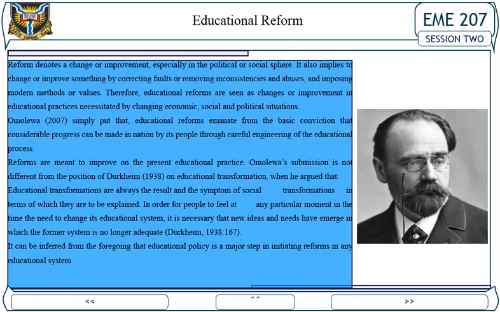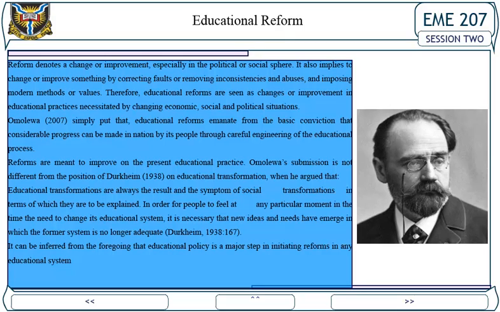Therefore, educational reforms are seen as changes or improvements in educational practices necessitated by changing economic, social, and political situations. Omolewa, 2007, simply put that educational reforms emanate from the basic conviction that considerable progress can be made in a nation by its people through careful engineering of the educational process. Reforms are meant to improve on the present educational practice.